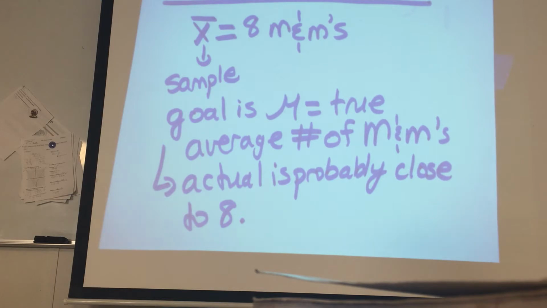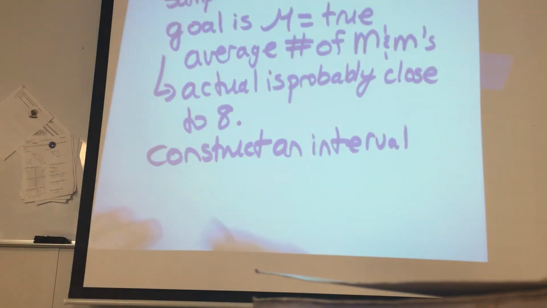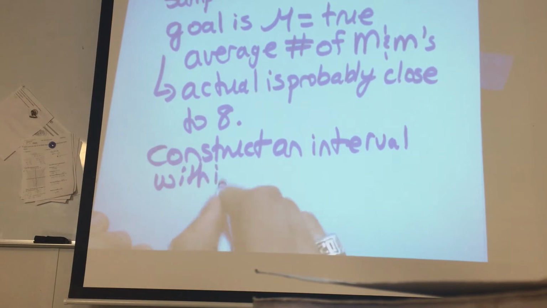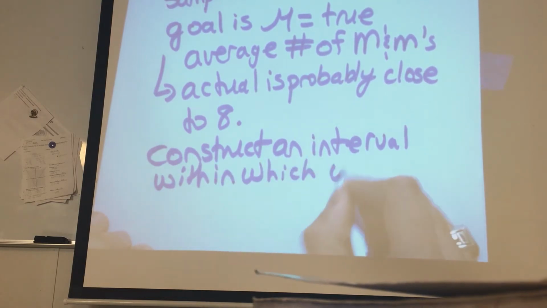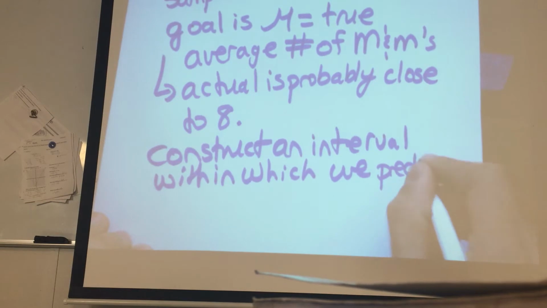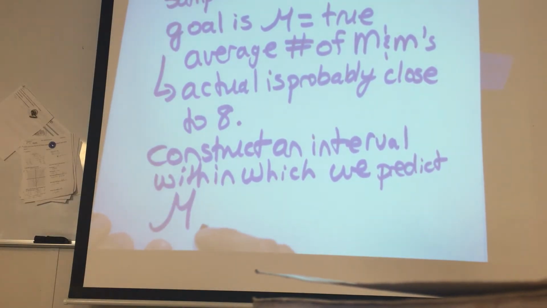So we will construct an interval within which we predict the mu, which is the true average number of M&Ms, is. So that's what we're going to talk about: how do we make these intervals, what do they mean, and how do we go from there.